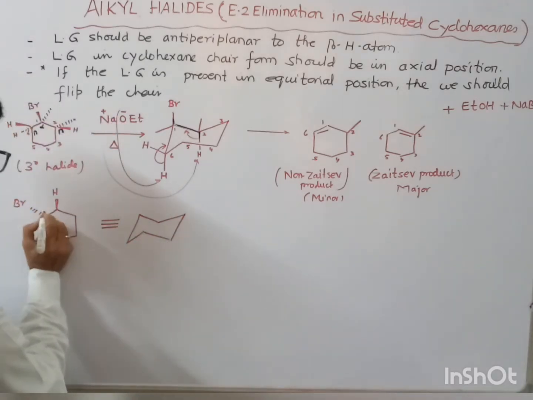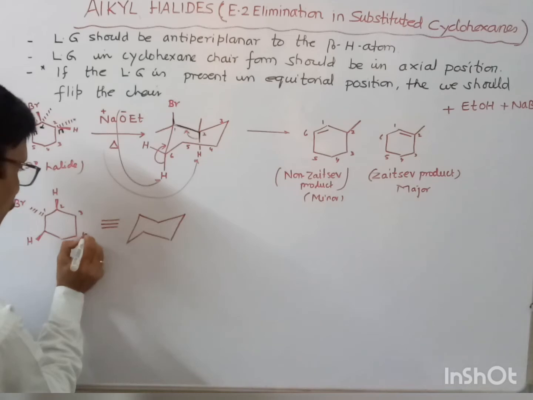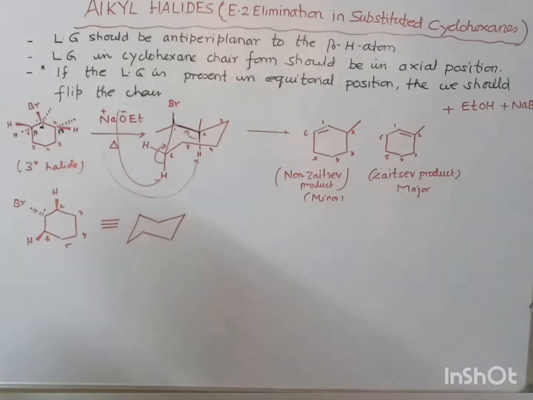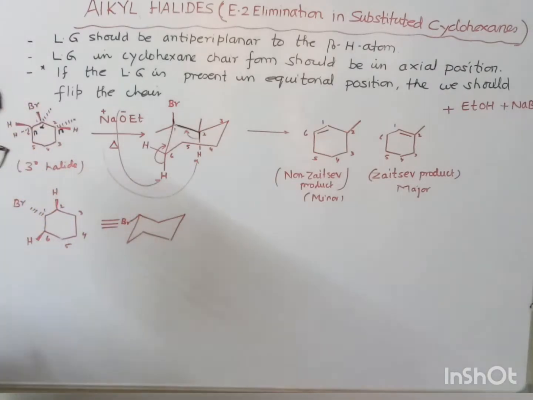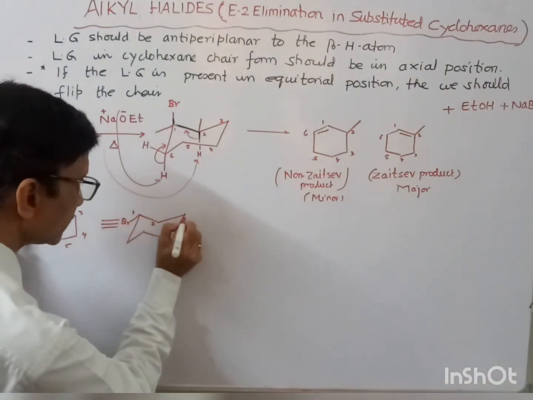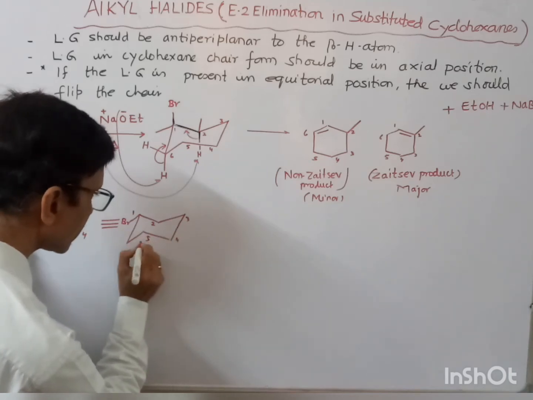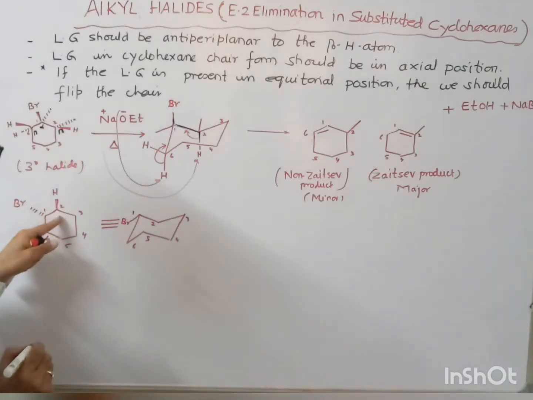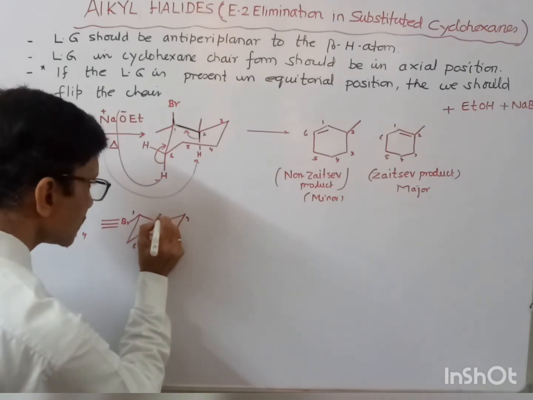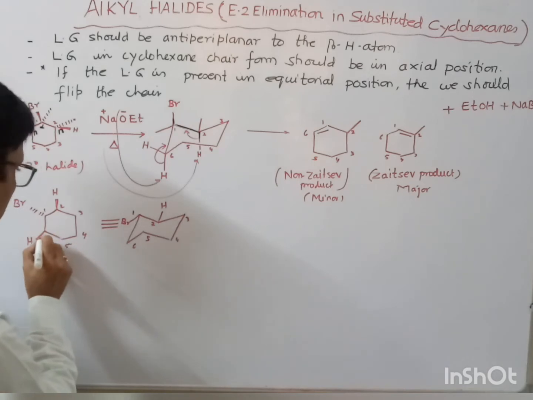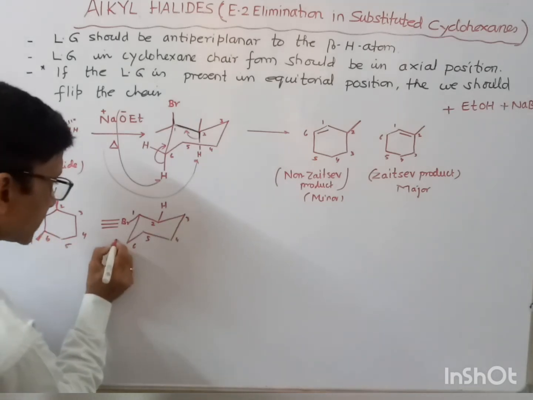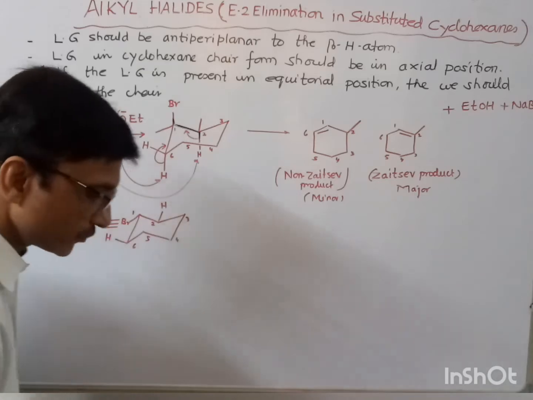So suppose this is the first carbon, second carbon, third, fourth, fifth and sixth. I am giving such naming, and you will see the bromine is present at the equatorial position. At the second position the hydrogen is present above, and this hydrogen is also present above at the sixth position.